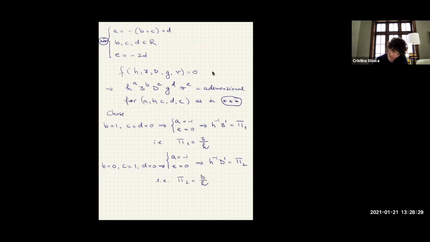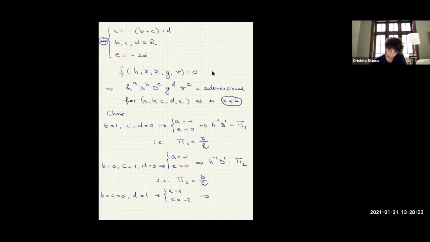And finally, we're going to do B equals C equals 0 and D is 1. And so A will be 1, and then E will be minus 2.